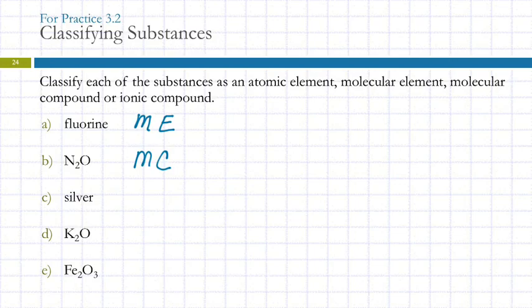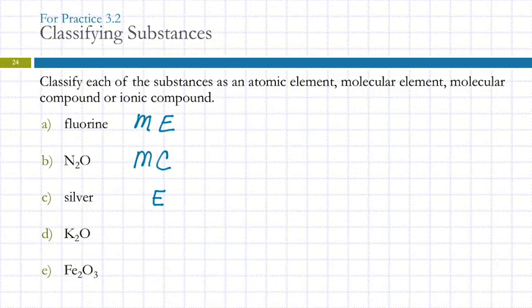Silver, element or compound? Element. Here's a tip on the element versus compound if you're looking at names. Most compounds have 2 words, sometimes 3 in their names. There are exceptions like water, some of the common names, but most compounds have more than 1 word.